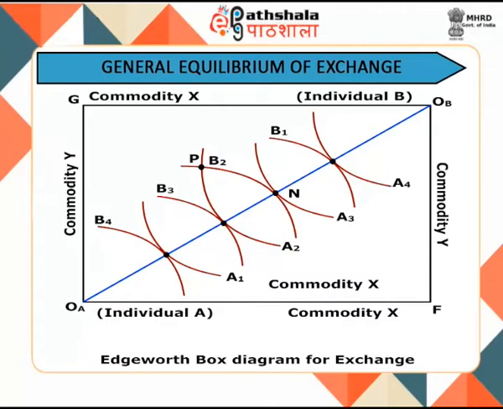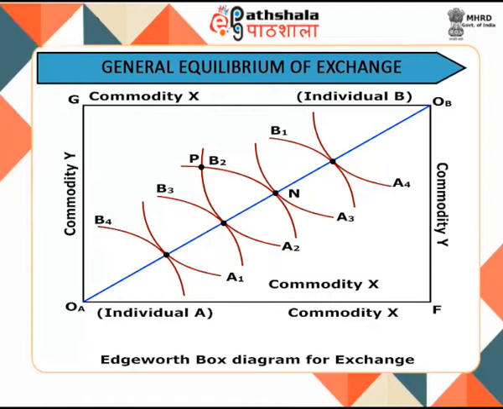We can hence obtain a locus of the efficiency points obtained by tangency of the indifference curves, known as the contract curve given by OAM and LOB.